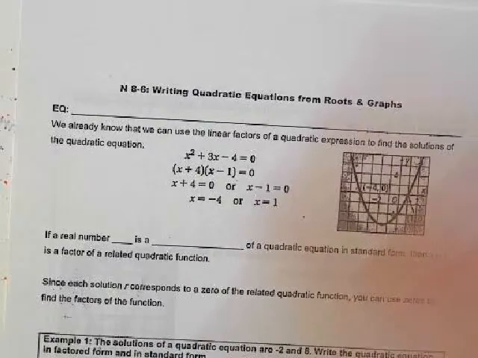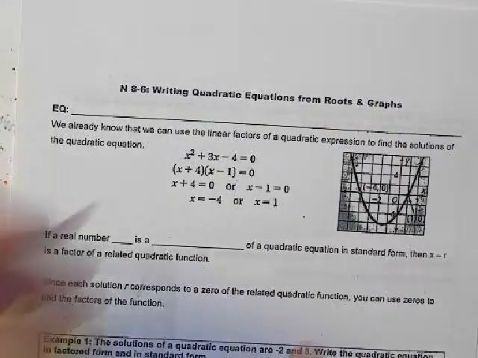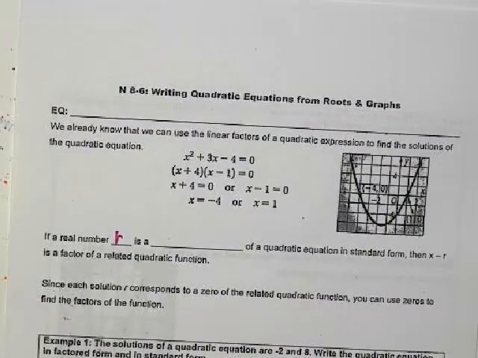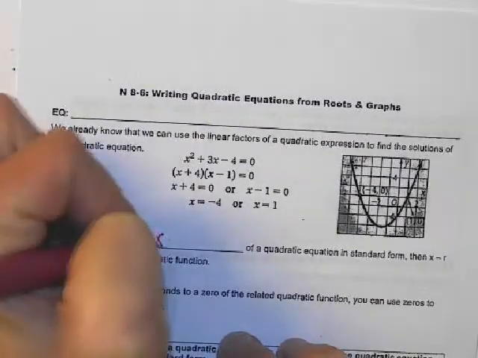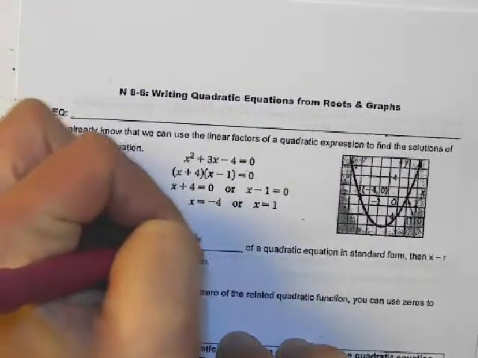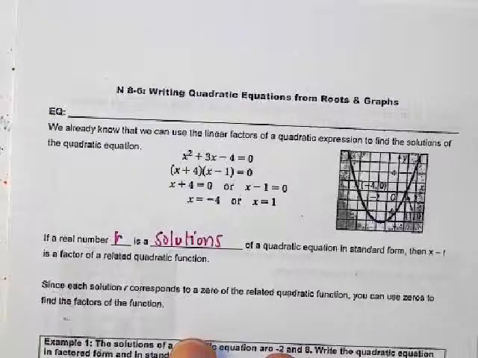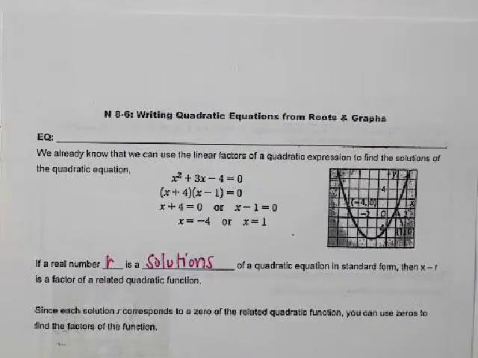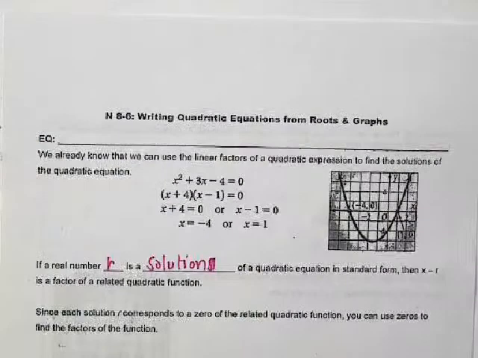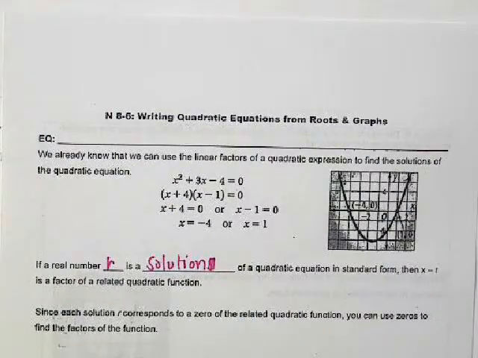Okay, so it says if a real number R is a solution, what's solution mean? X-intercept, good. If a real number R is a solution of a quadratic equation in standard form, then x minus r is a factor of a related quadratic function.